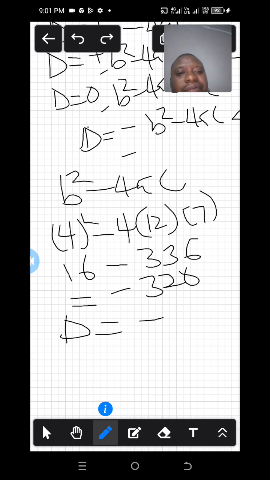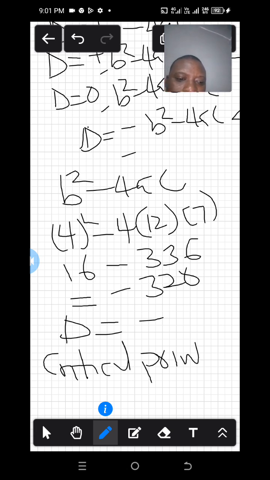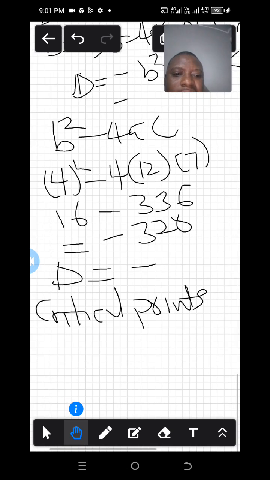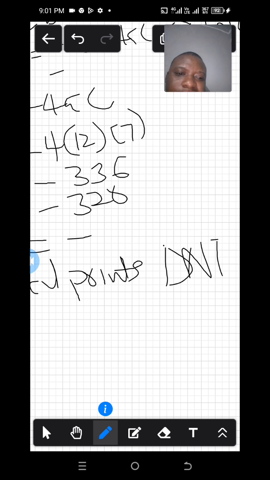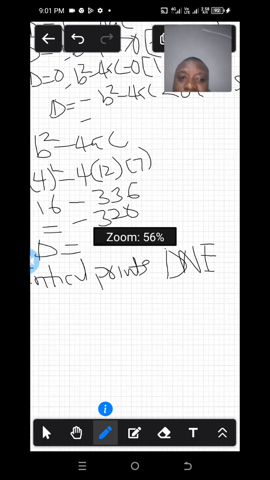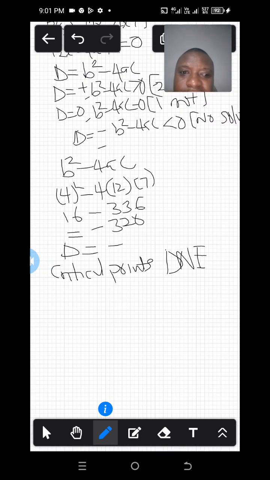So the critical point does not exist here because we don't have a solution to the quadratic equation.